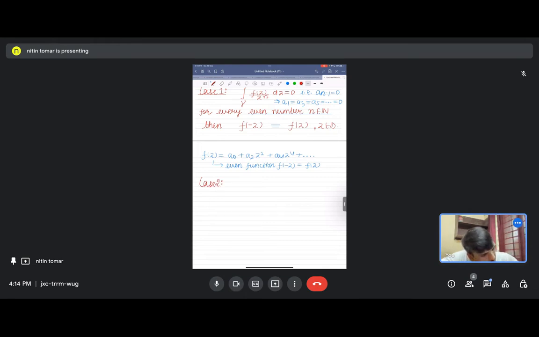Case 2 will be when the same thing is 0 for every odd natural number. For every odd natural number. So what should happen? Can anyone tell?